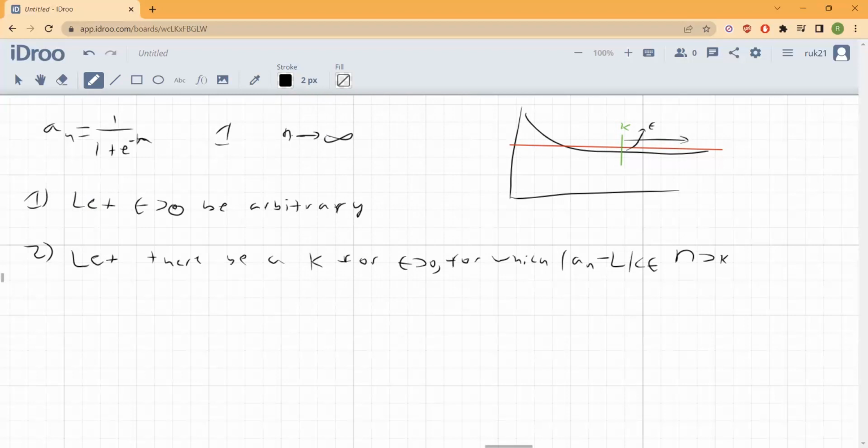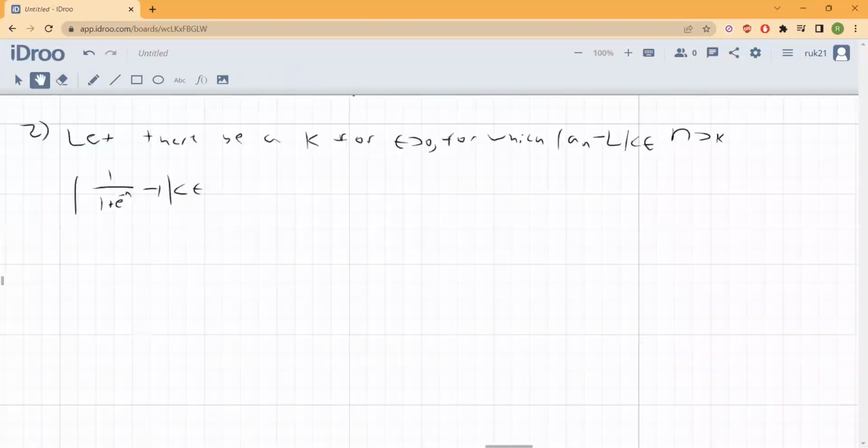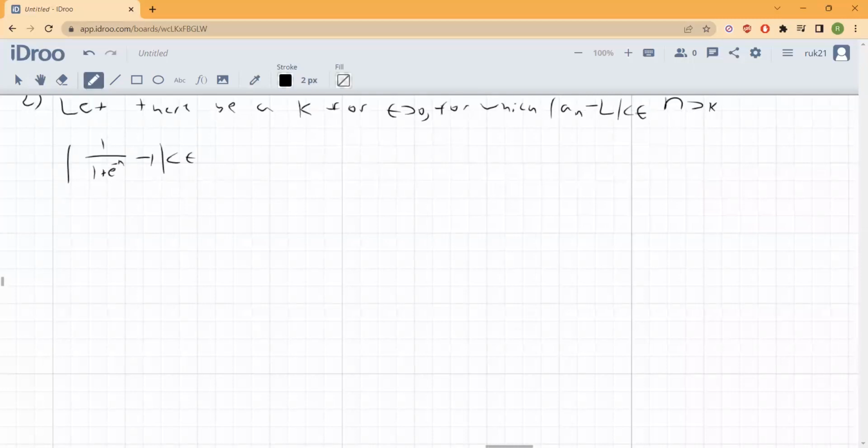What we're going to show is that the absolute value of 1 over 1 plus e to the negative n, minus 1, which is our limit, is smaller than epsilon. Now I'm just going to start simplifying it: 1 over 1 plus e to the negative n, minus 1 plus e to the negative n over 1 plus e to the negative n.